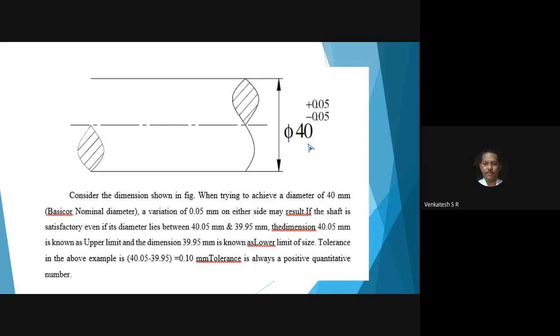Then write down tolerance equal to upper limit of size minus lower limit of size, equal to 40.05 minus 39.95, equal to 0.10 millimeter.